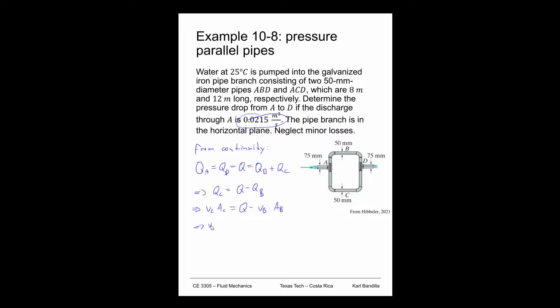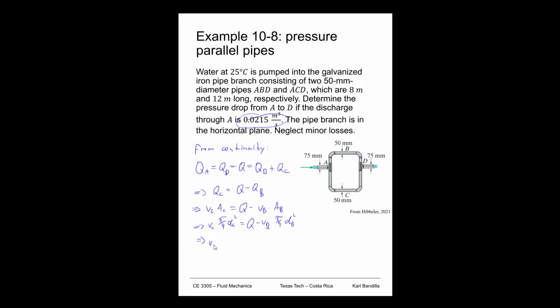That means VC times pi over 4 DC squared equal to Q minus VB times pi over 4 times DB squared. All right. Now, what can we do? We can solve this for VC. Right, so basically we just have to divide by the rest here.